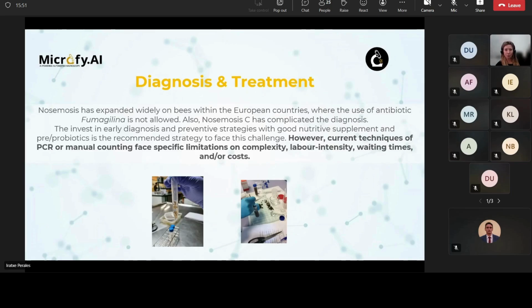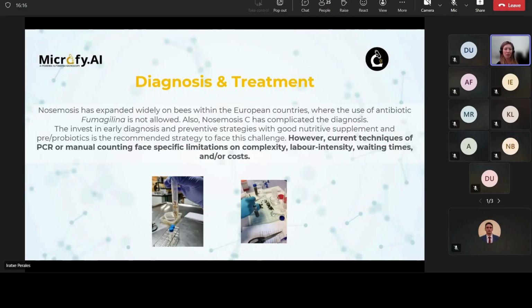So now what we are proposing is better and more frequent monitoring of the beehives to check if the strategies of supplements are correctly done, and if really the infestation in the beehive for Nosema is kept under control, then the effects are, let's say, corrected over the year.